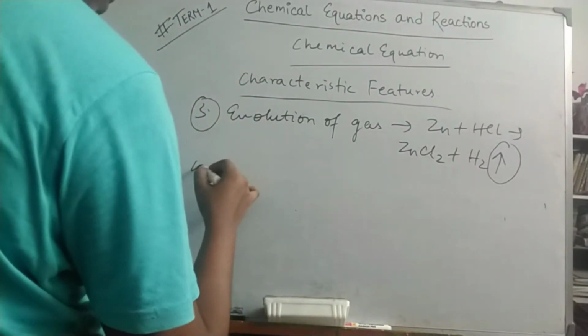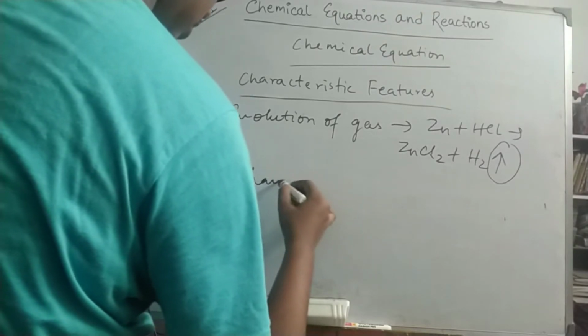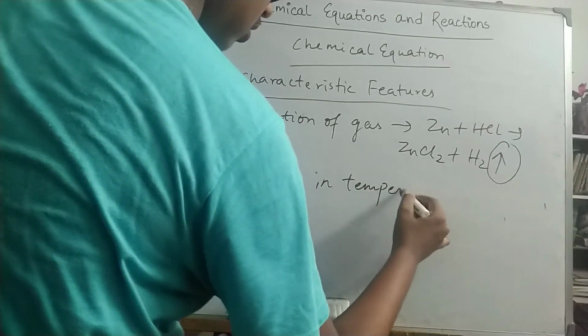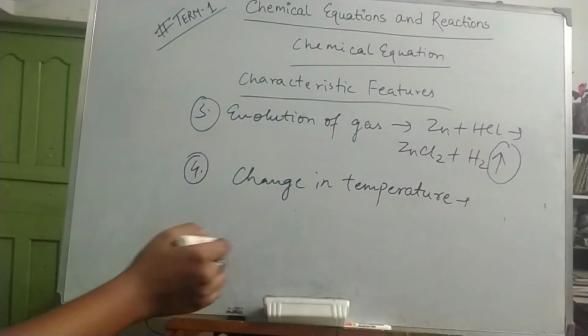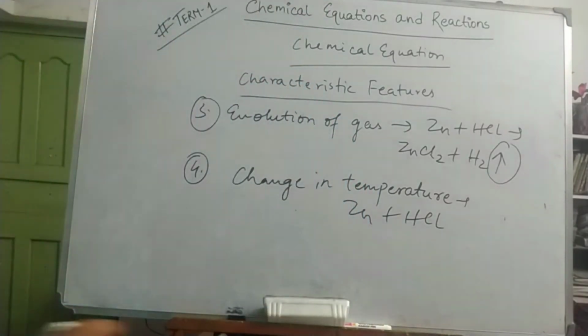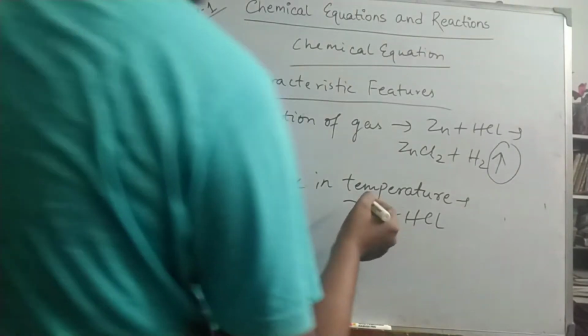Now number 4 is change in temperature. Zinc plus hydrochloric acid, if it is kept in a conical flask, it gets heated up.